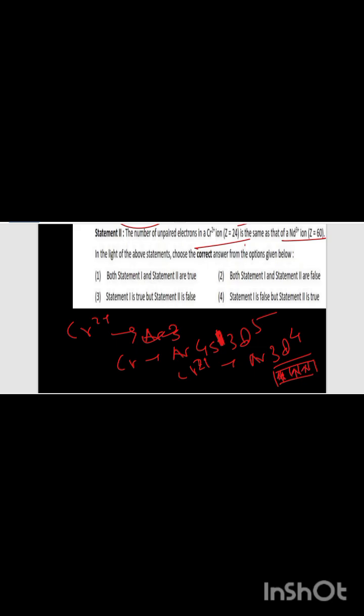Next is Nd3 plus. Even if I don't know, atomic number 60 is given. If you can remember the noble gases, helium, neon, argon, krypton, xenon and radon, atomic numbers 2, 10, 18, 36, 54 and 86.